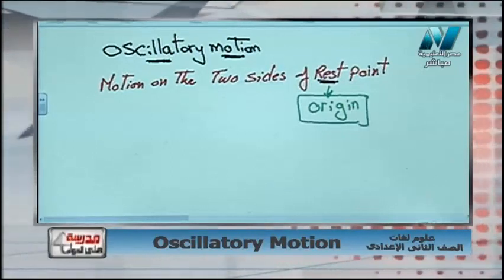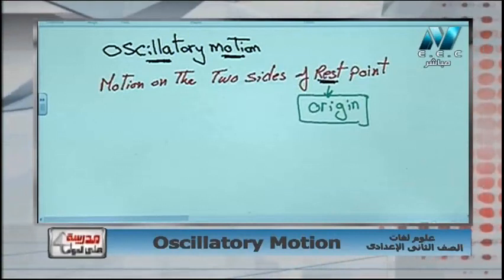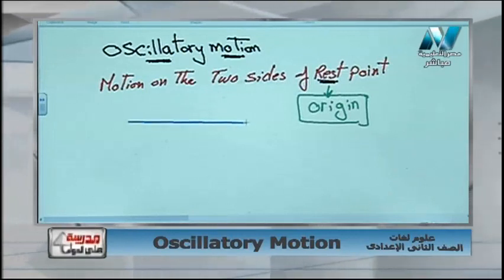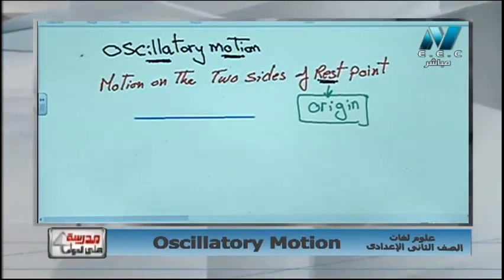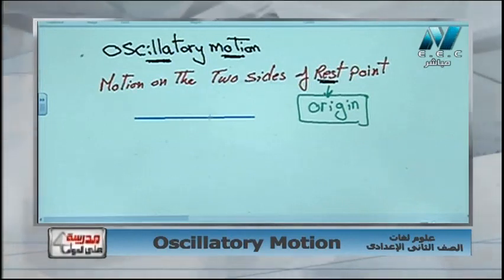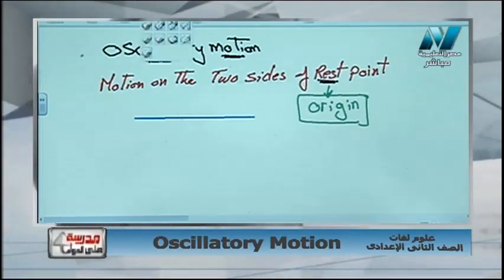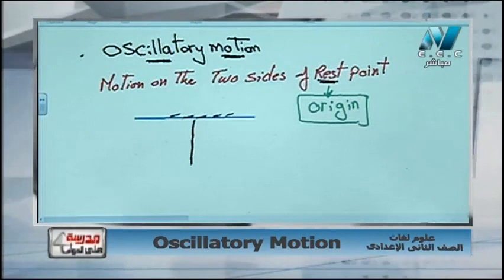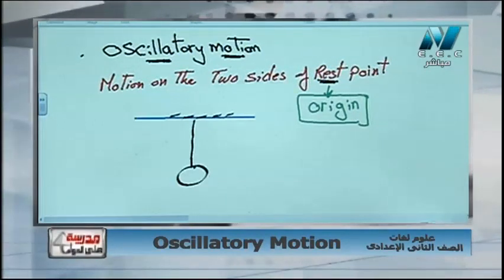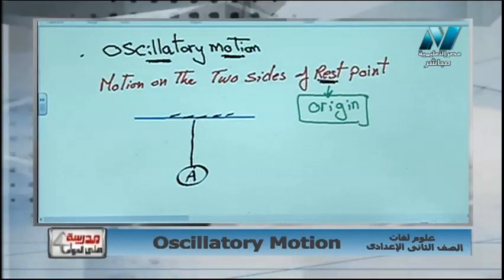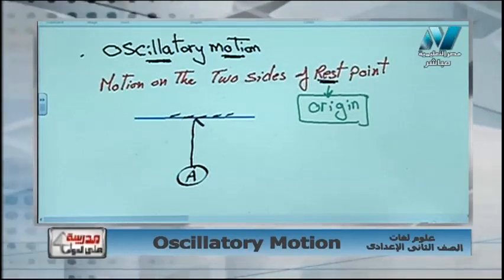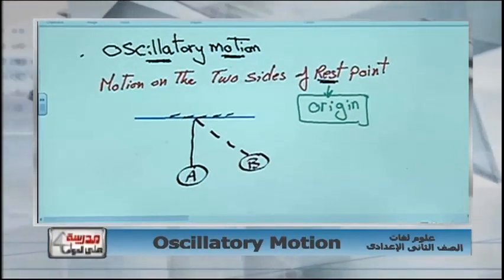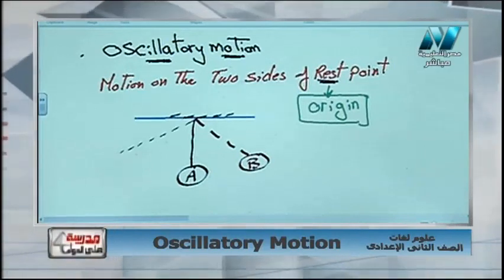For example, the most famous one is the pendulum or simple pendulum. Here we have the pendulum at point A. This simple pendulum will move on the two sides, right and left, to point B, then return back through point A to point C, as you see.